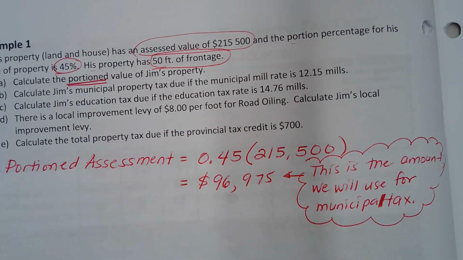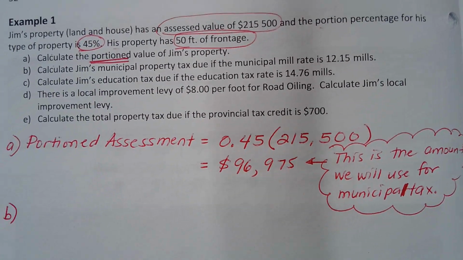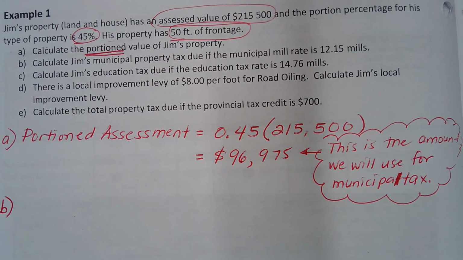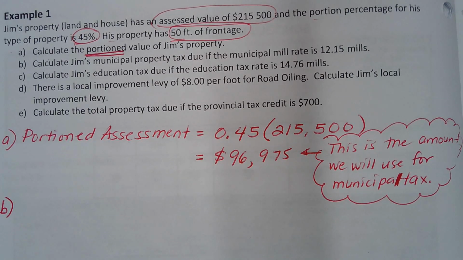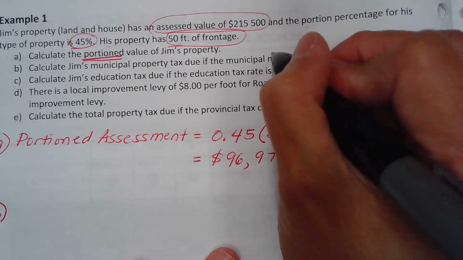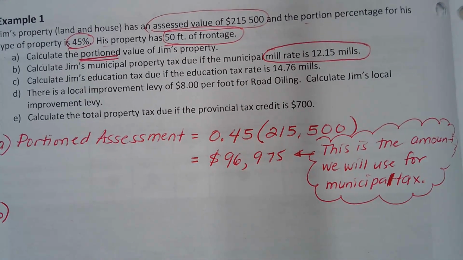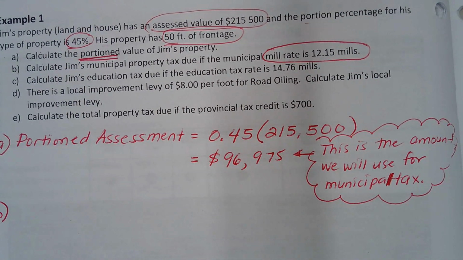Part B, it says calculate Jim's municipal property tax due, if the mill rate is 12.15 mils. So they tell us a mill rate, and the mill rate is per thousand.